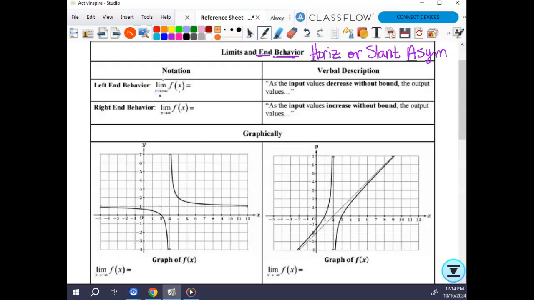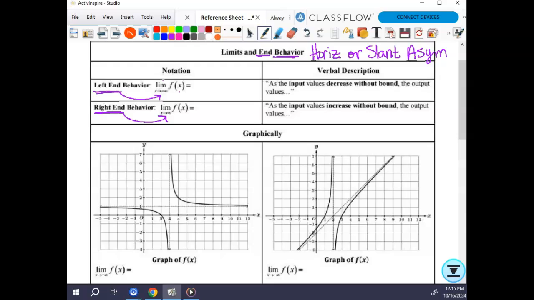But when it's the left end behavior, x is approaching negative infinity. Right end behavior, the limit is approaching infinity. I think we all get that, which way is which, as long as we know our left from our right. But it's not always going to say give the left end behavior.